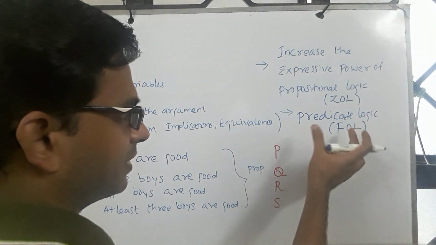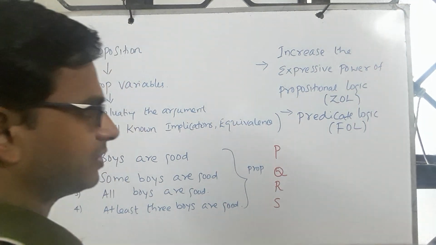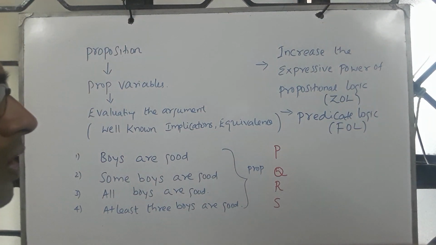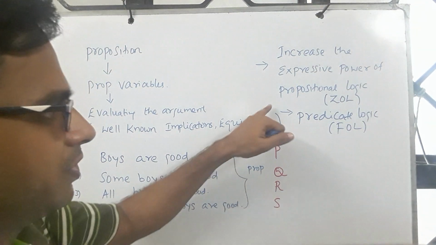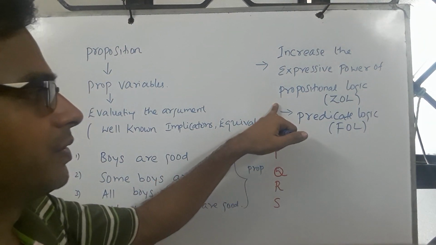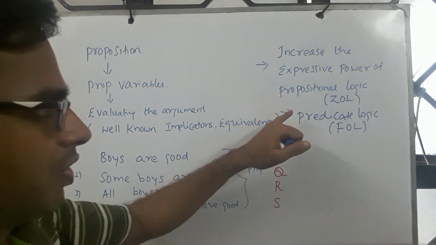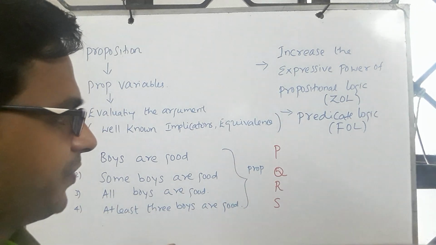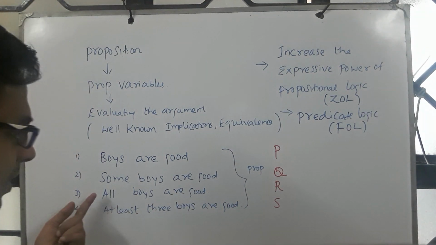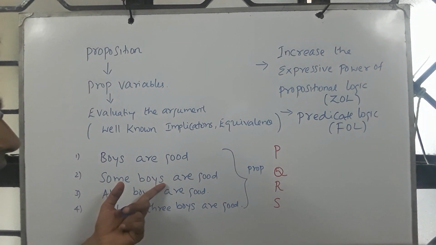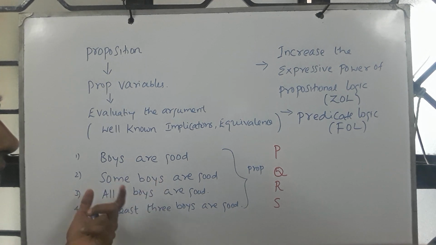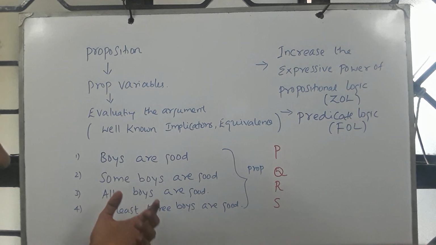Predicate, as the name suggests, represents some property on top of what propositional logic is trying to represent. On top of propositional logic, can you represent some more information about the statement, which will help us to simplify the argument, and to say whether a given conclusion follows from the premise.